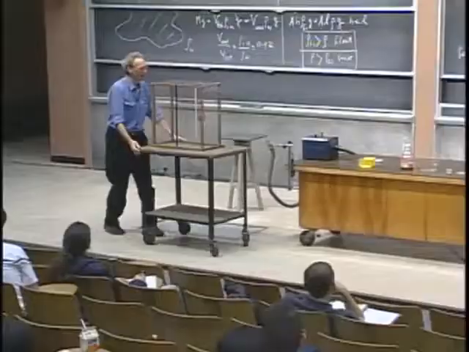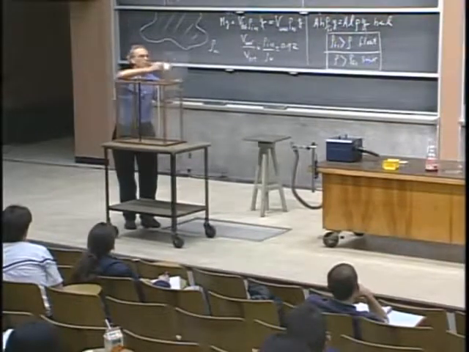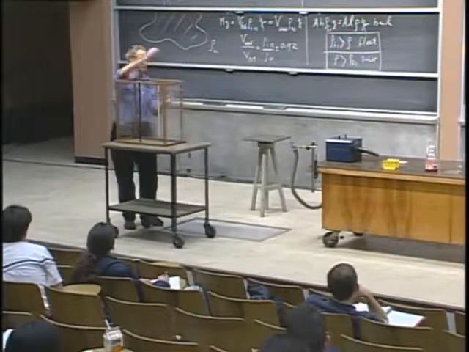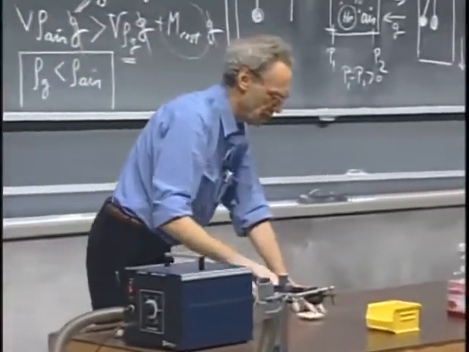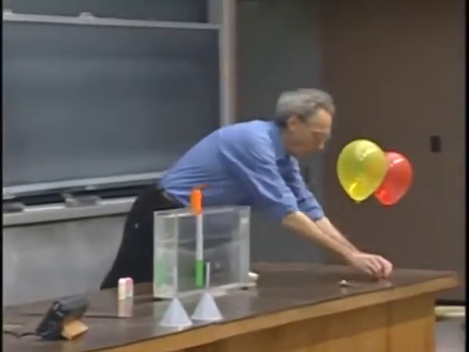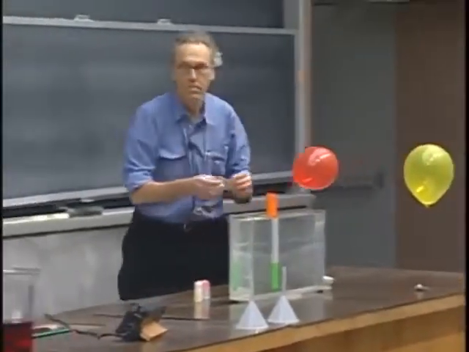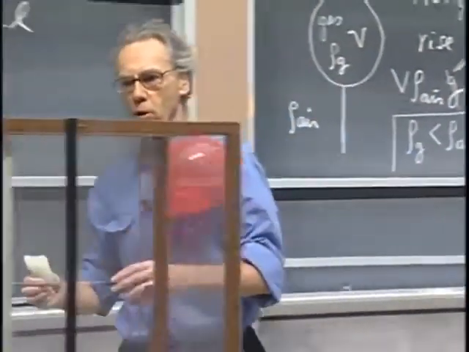Okay. Now we're going to do it with the balloon. I'm going to take this one off. And now let's take one of our beautiful balloons. So we're going to put a balloon in here.